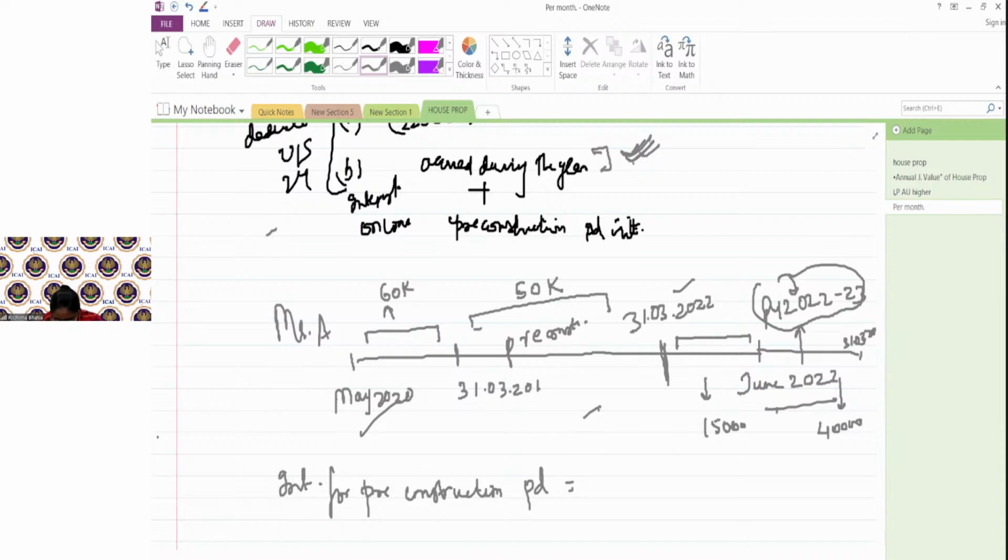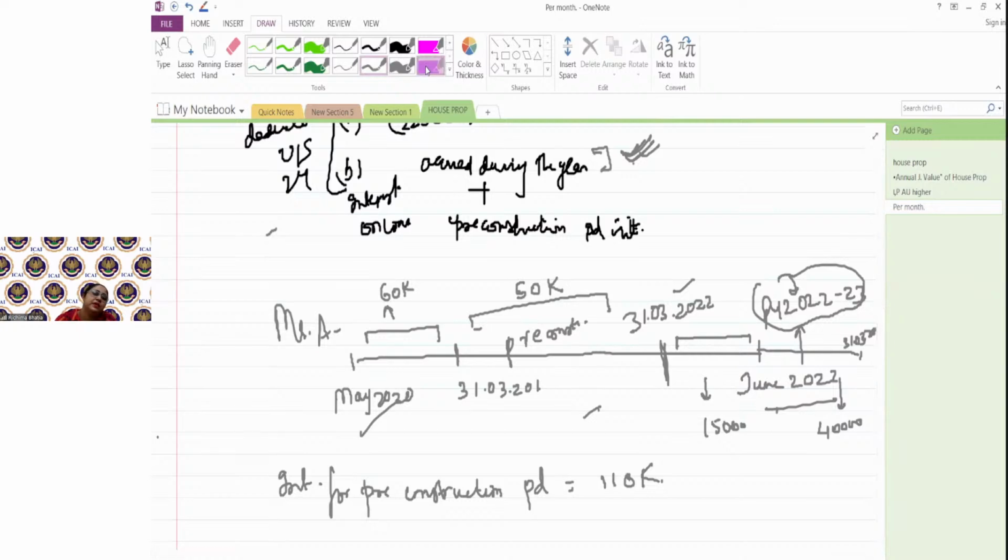What is the interest for pre-construction period, my friends? Those who said 110, Dinesh, Diksha, Kavita, Ritik, you guys are absolutely correct. Pre-construction period interest is 110. Why is it not 55, guys? Why not 50 or 65?